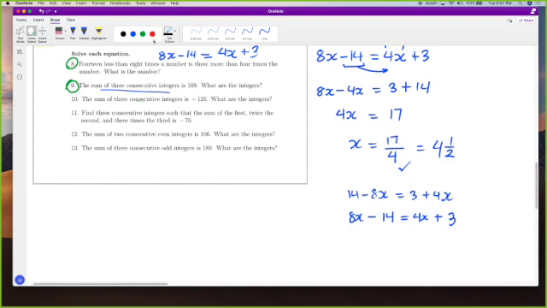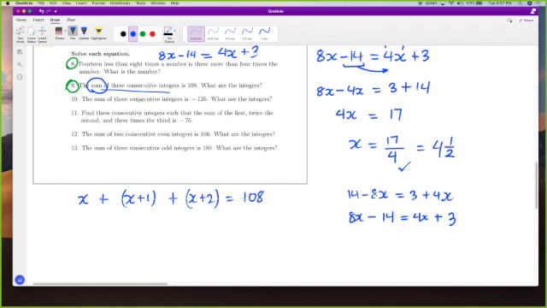So 3 consecutive integers. Alright, 3 consecutive integers. So if the first one is x, they'll be consecutive. So the second one, the sum. So because they say the word sum, I'm adding them. The second one will be x plus 1. And the third one will be x plus 2. So these are your consecutive integers, and they will be equal to 108.